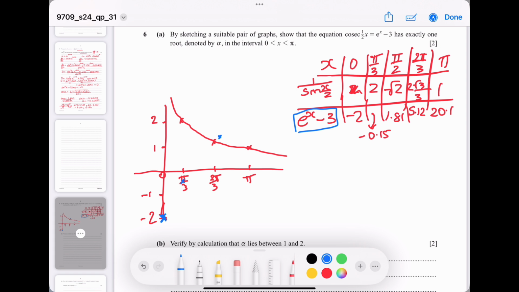Oh, that's for that one I wasn't going to bother with. 5.12, so that's going to be way up here. And that one's way out of the range. Okay, so as we can see, it has exactly just one root. They cut each other just once.